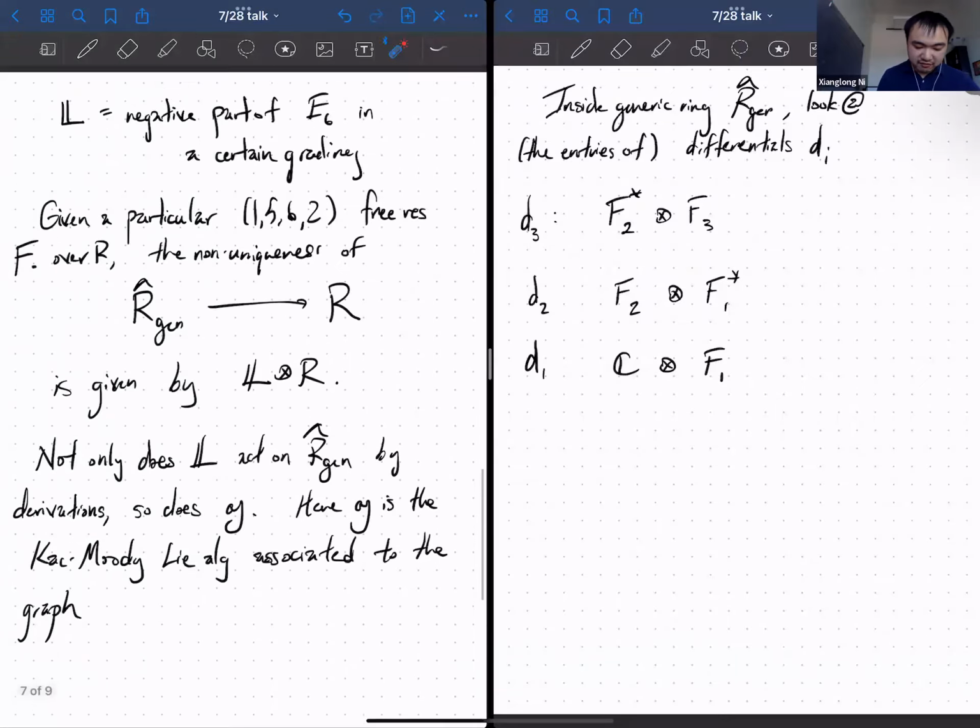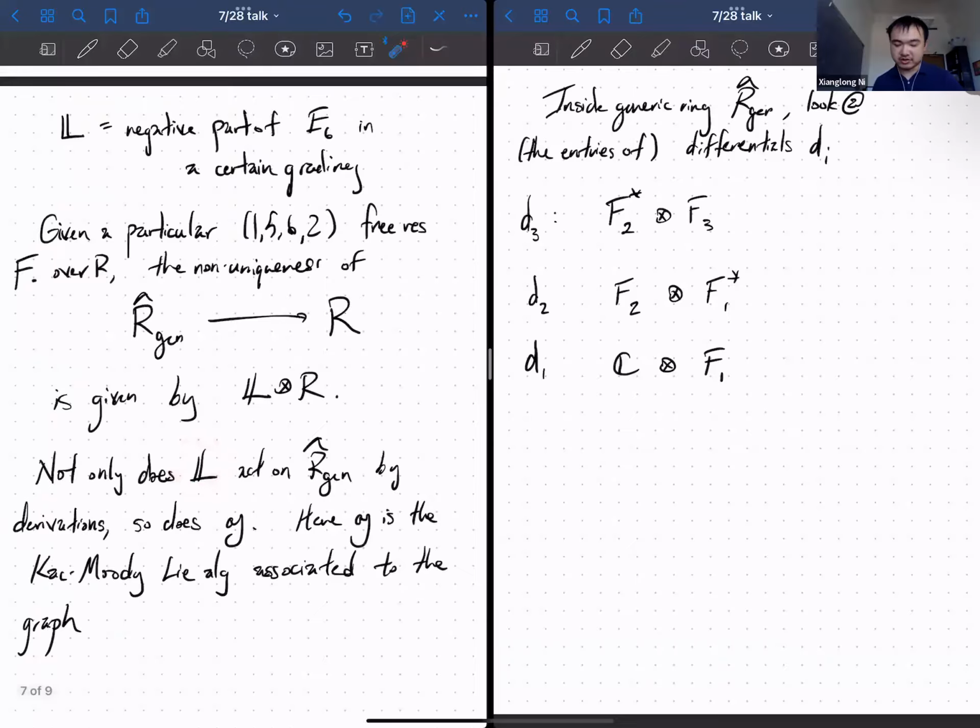Now, the defect Lie algebra, which is the negative part of G, actually acts trivially on these three representations, which is to say that what I've listed here is actually the bottom graded component of the representations of G. So the entire representations look like this. For this one, the next component looks like F2 dual tensor wedge 2 F1.